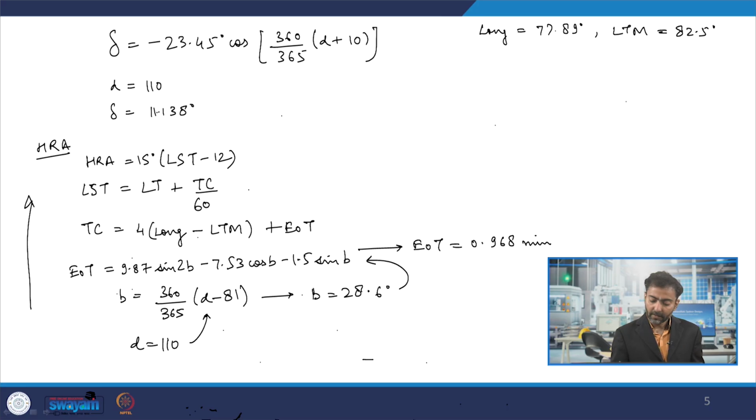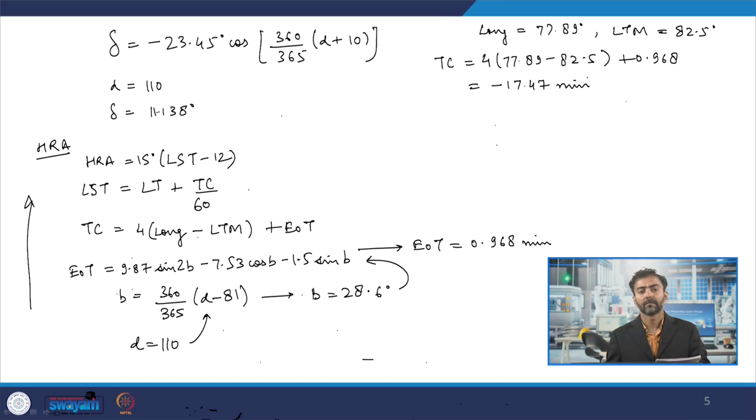Putting these values into the time correction equation and also the EOT value, we will have this expression 4 into 77.89 minus 82.5 plus 0.968. So, our time correction comes out to be minus 17.47 minutes in this example. It will be different under different circumstances, different locations and different days of the year, the value will be different. So, we have minus 17.47 as the time correction.